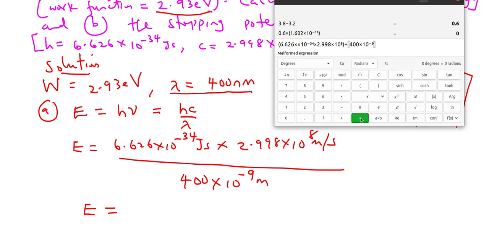So what do we have? We have 4.966 times 10 raised to power minus 19.